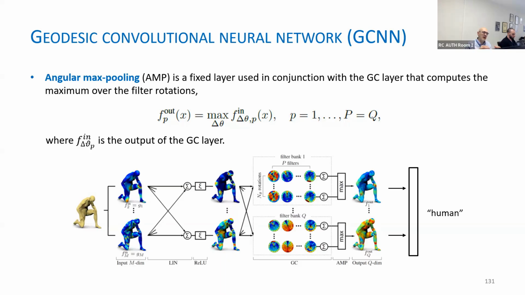So the idea is take points, compute neighborhood using these geodesic distances, and then apply convolution in a more or less standard way, with the only alert of being careful about the starting direction, so performing this convolution for several directions, then take the maximum. Then, of course, you can have a classification layer at the end to provide the label of the output.